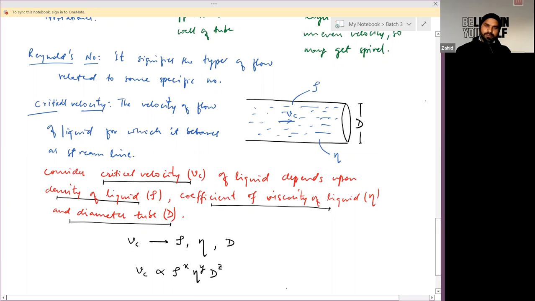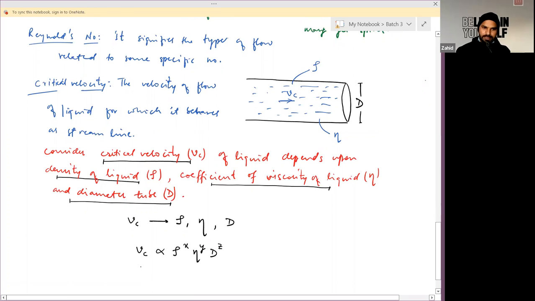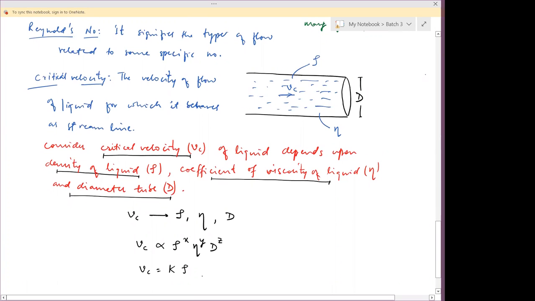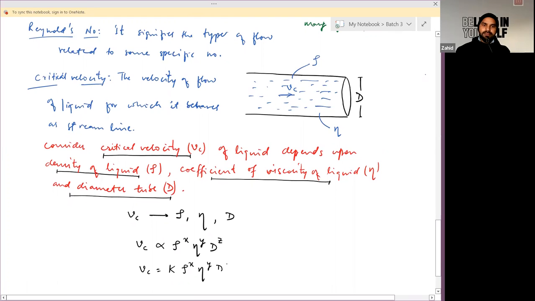Now, if you remove this proportionality sign by a constant of proportionality, let's say Vc equals k rho to the power x, eta to the power y, and diameter to the power z. Now you got a formula like this.